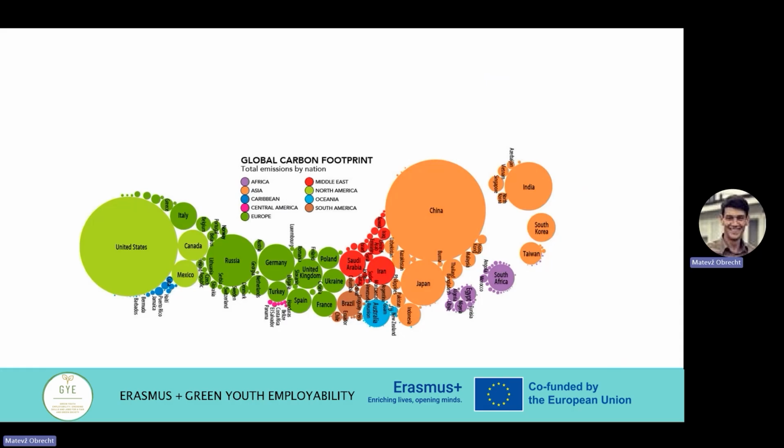We can see here also all other important emitters like India, Japan, Russia, Germany, Canada, Italy, and so on. It is very interesting, for example, that if we compare Russia, India, and Japan, we have on one side populations of 120, 150 million people, and on the other side India, which has a tenfold bigger population, and emissions you can see are more or less the same as Russia or Japan.